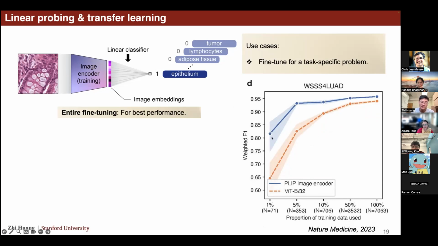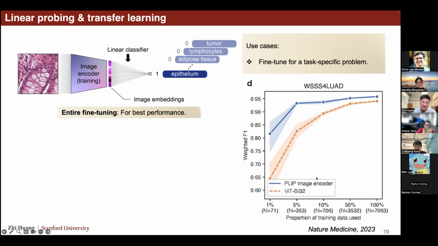So we found PLIP, colored in blue, can consistently outperform the vision transformer base, colored in orange. Those two have the same model architecture, but PLIP was pre-trained on OpenPath, and this vision transformer base was pre-trained on ImageNet. And so we can see the improvement by looking at the higher weighted F1 score, given the same amount of data we train, right?